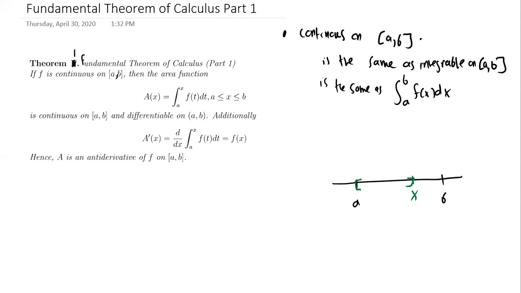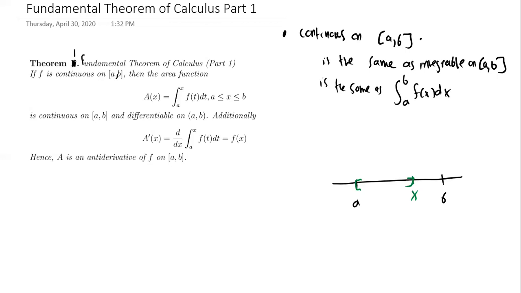So what does the Fundamental Theorem of Calculus part 1 say? That the area function is continuous on [a, b] and differentiable on the open interval (a, b). This function A of x, which gives us net area on the interval from a to x, is continuous on the whole interval [a, b] and differentiable on (a, b).